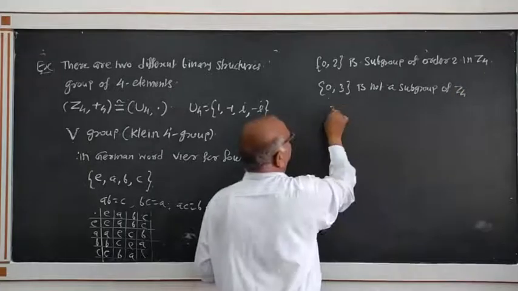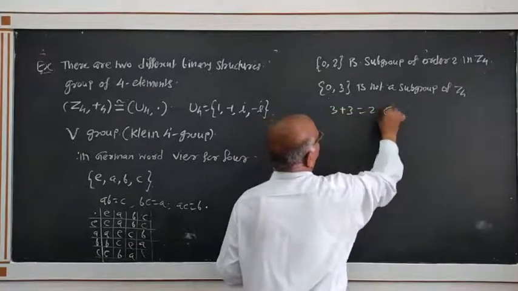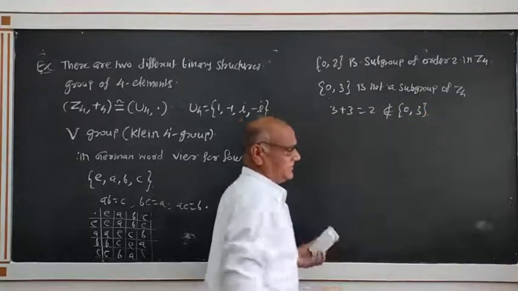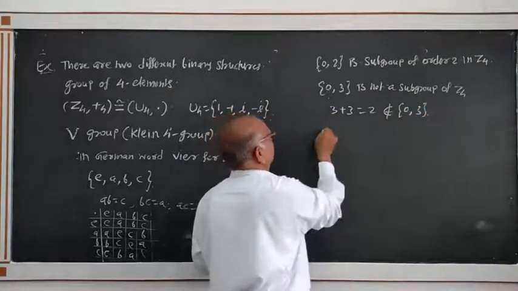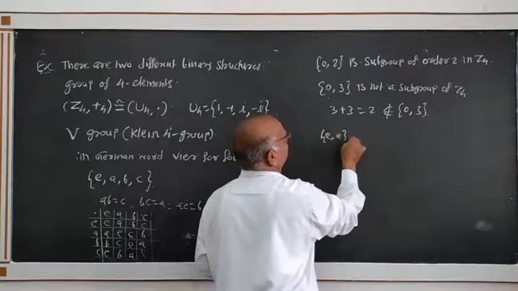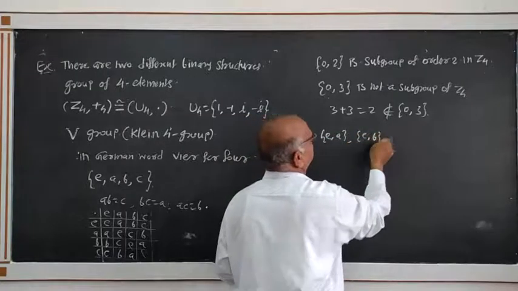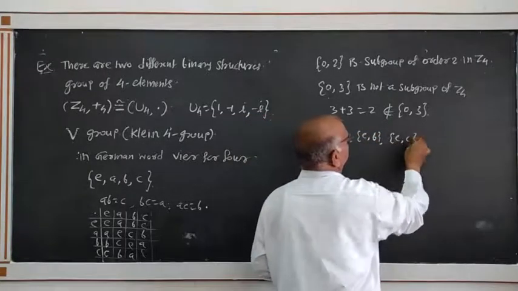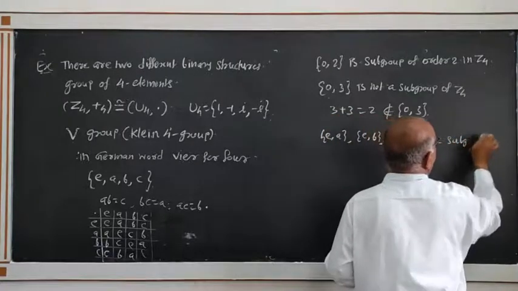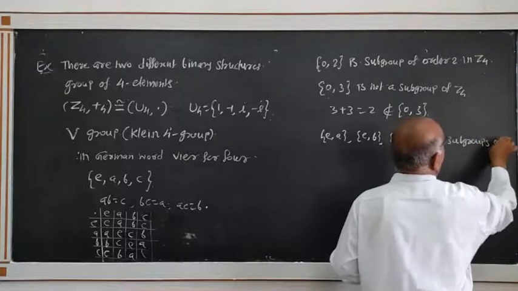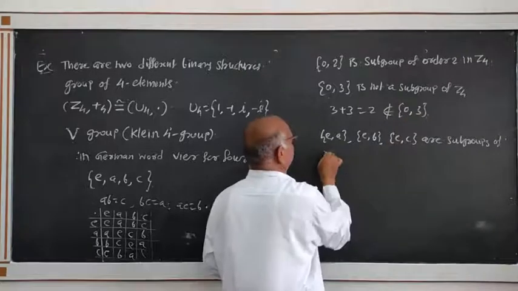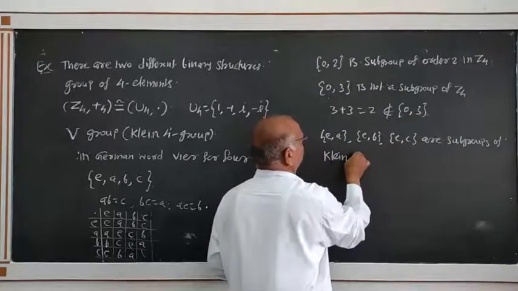Here, if we take 3 plus 3, this is equal to 2, which does not belong to 0, 3. E, A; E, B; and E, C are subgroups of the V group, the Klein group.